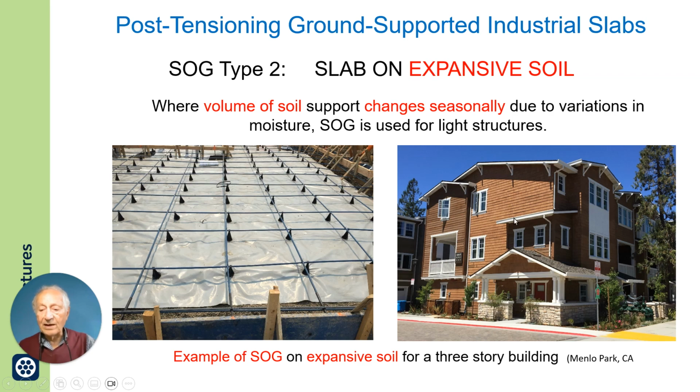For low-rise buildings, the perimeter of the structure is subject to changes in moisture over different seasons. This up and down movement will damage the building above unless provisions are otherwise provided. The image on the left shows a typical construction of a ground-supported slab on expansive soil.